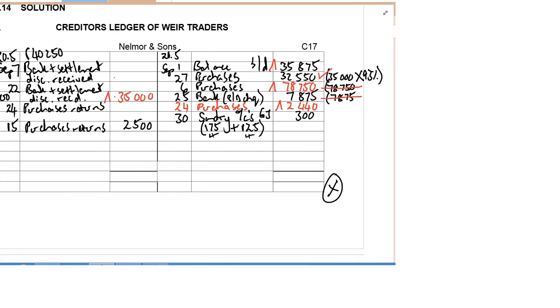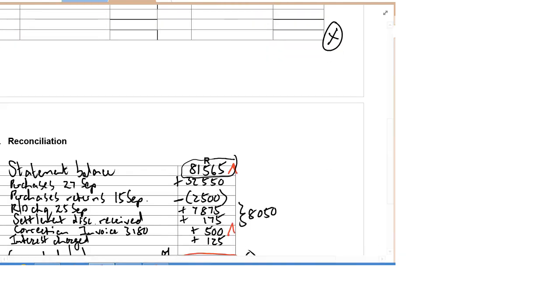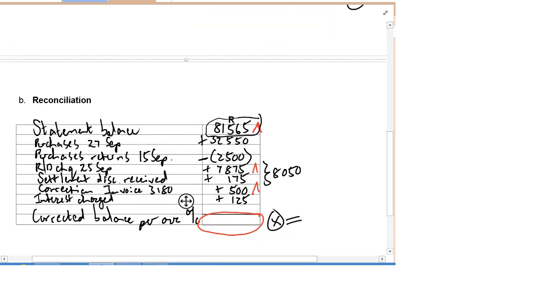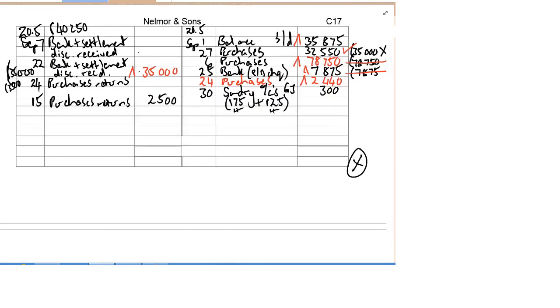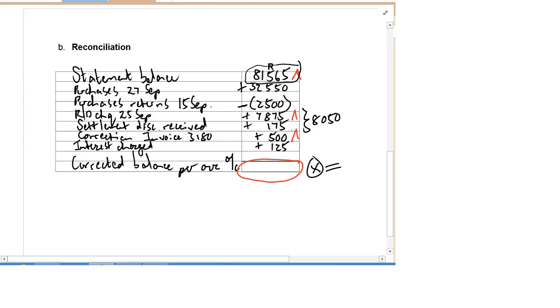You will have remembered that this 7875 over here, we've already recorded as a reconciling item, and the 175 for discount, we've already recorded it here as a reconciling item.